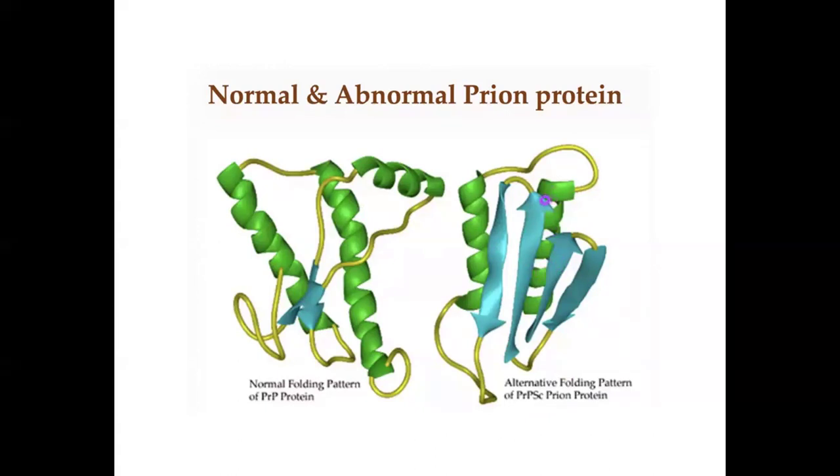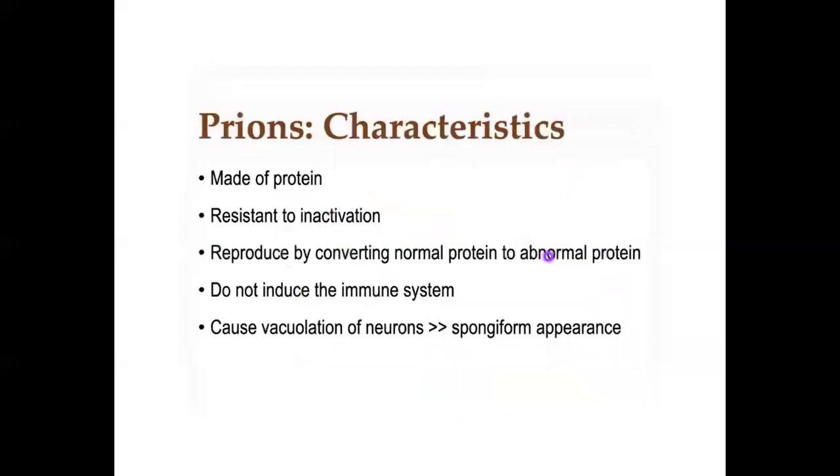In our body, we have certain enzymes that break down abnormal proteins during the cell division process. But here, it will not be broken down by those proteases. This is what we call the beta pleated form, the abnormal prion. Okay, have you understood?